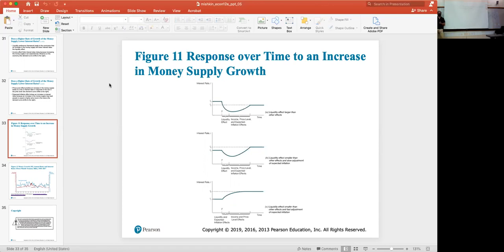If markets begin to worry about inflation every time the central bank changes the money supply, you could have a much bigger expected inflation effect. So let me write that down, because I think this is so important to understanding the rest of our conversations related to the Fed and interest rates.